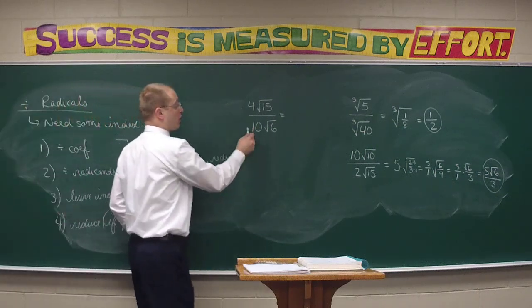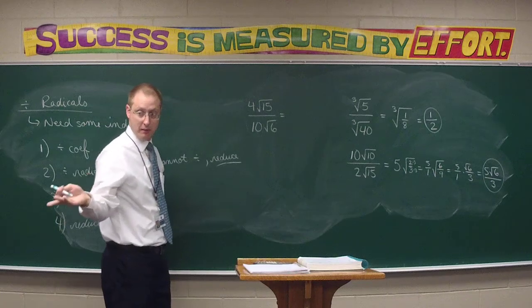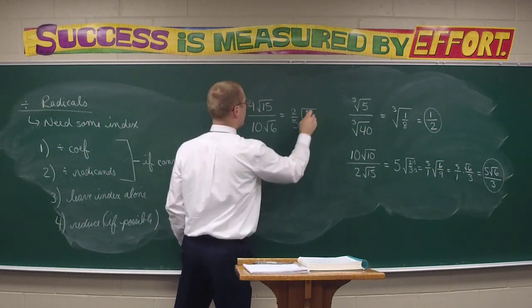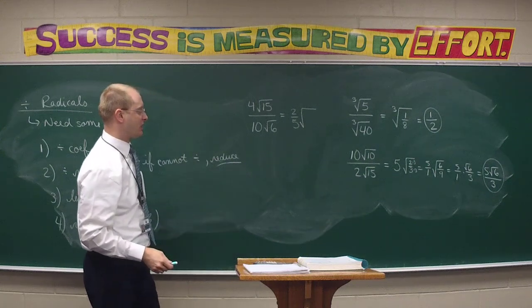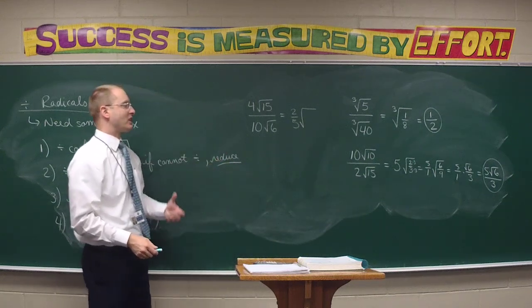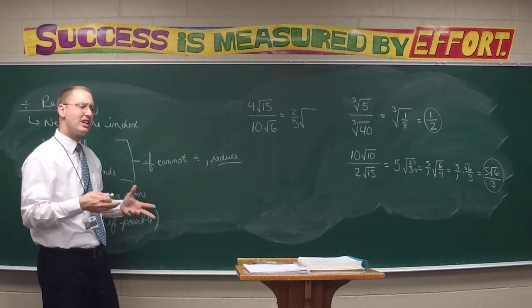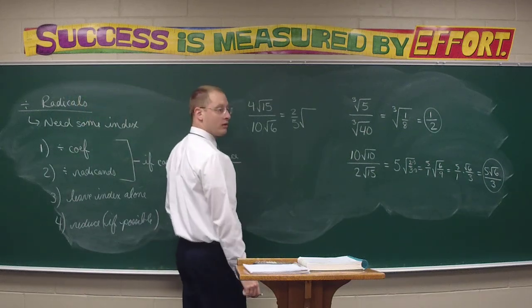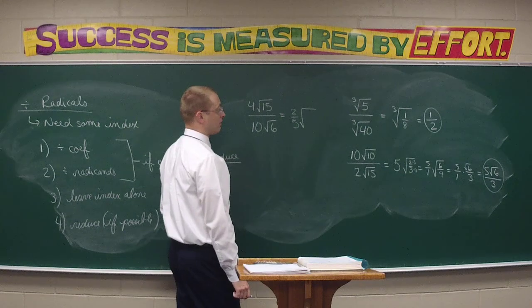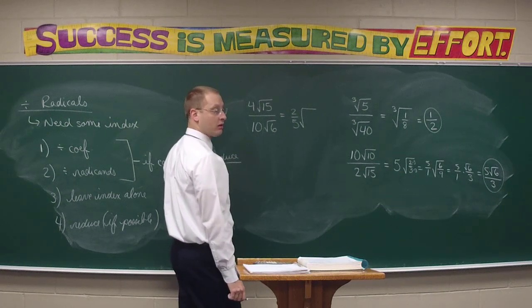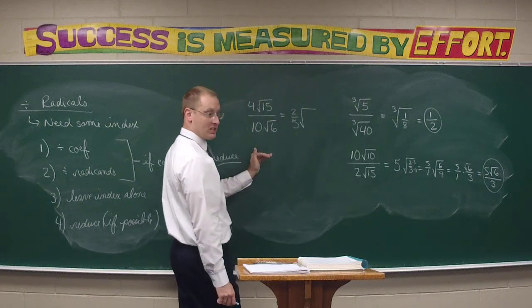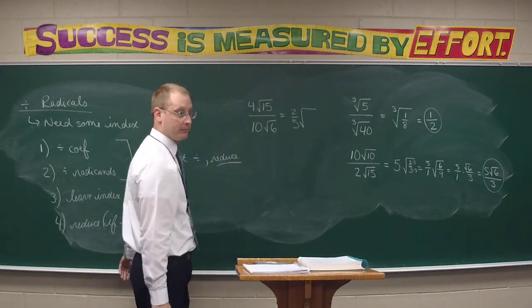Reduce, starting with the coefficients, 4/10 becomes 2/5. And I can't divide the 15 and 6 to get the square root of some integer, so I'm going to have to get the square root of some fraction, but I'd like it to be a reduced fraction. Maddie? I can't, so I'm going to think of this as 15/6, and I'm going to reduce that.